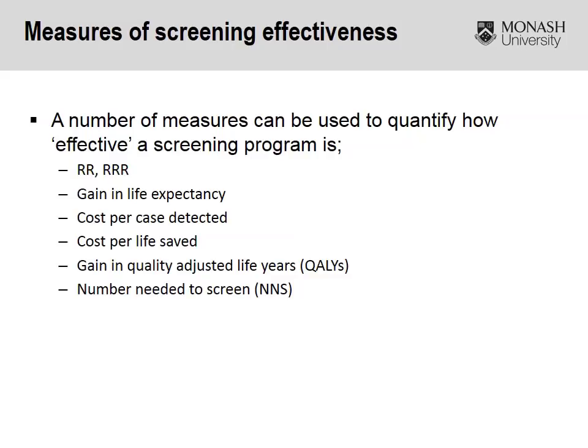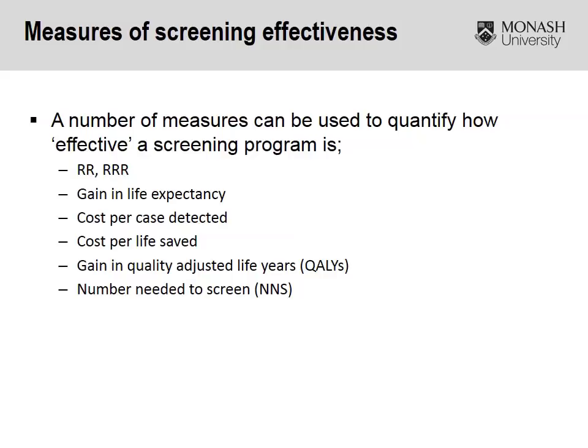We can use our standard relative risk reduction, odds ratios, absolute risk reduction or increase, etc. But we can also include such things as quality adjusted life years and disability adjusted life years, gains in life expectancy, cost, so cost per case detected, cost per life saved, but also, from a screening point of view, number needed to screen.